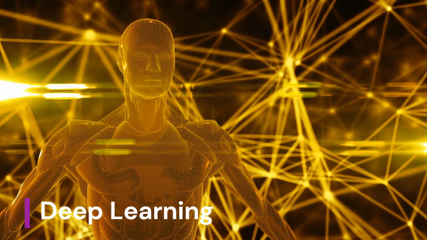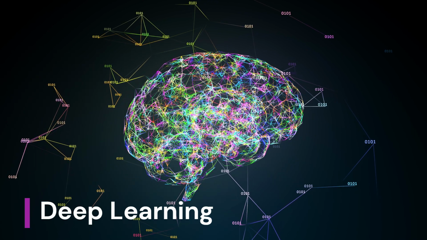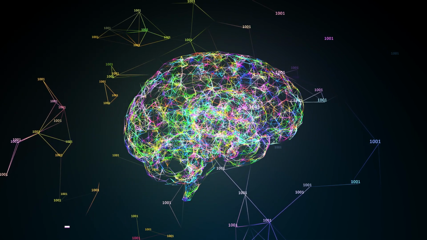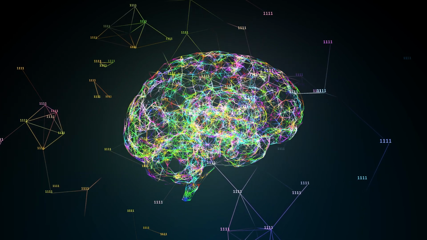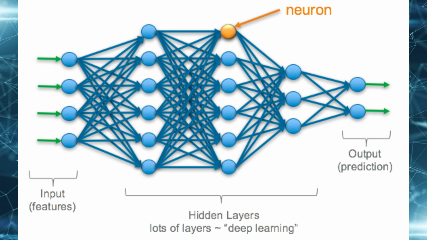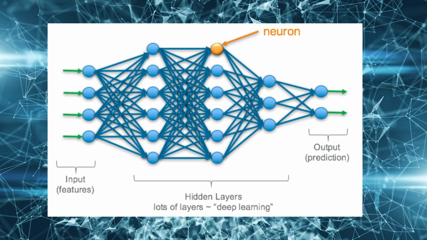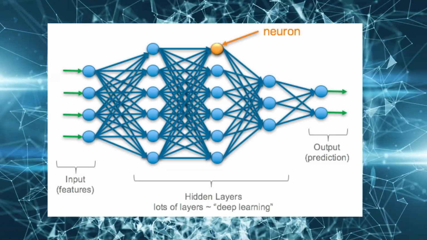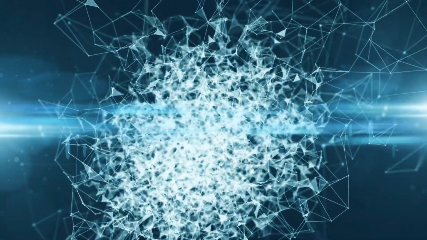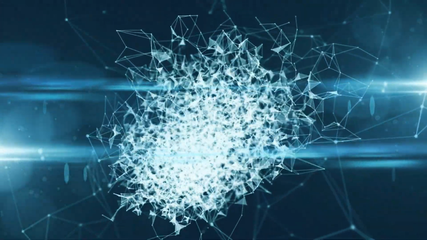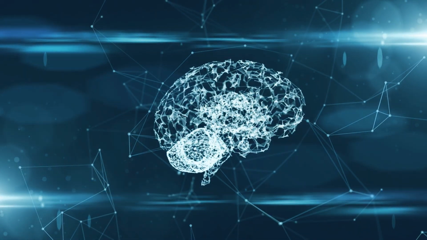Key concepts of deep learning: neural networks, layers of interconnected nodes, neurons that mimic the human brain's structure. Deep learning involves many layers, allowing the model to learn intricate features and representations. Training: the model adjusts its internal parameters using labeled data, aiming to make accurate predictions.